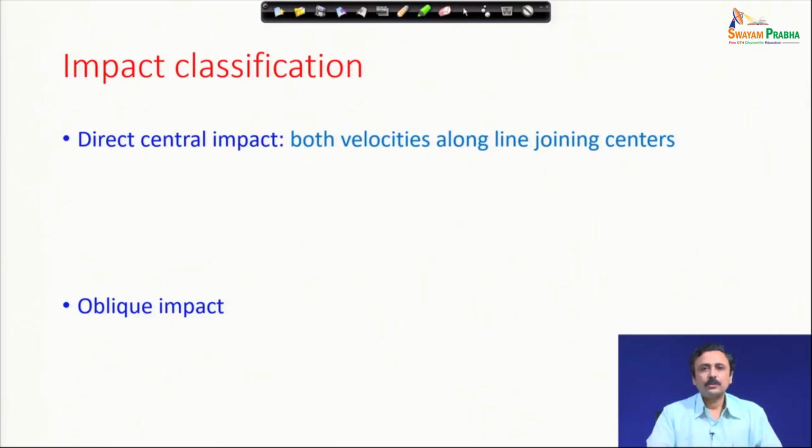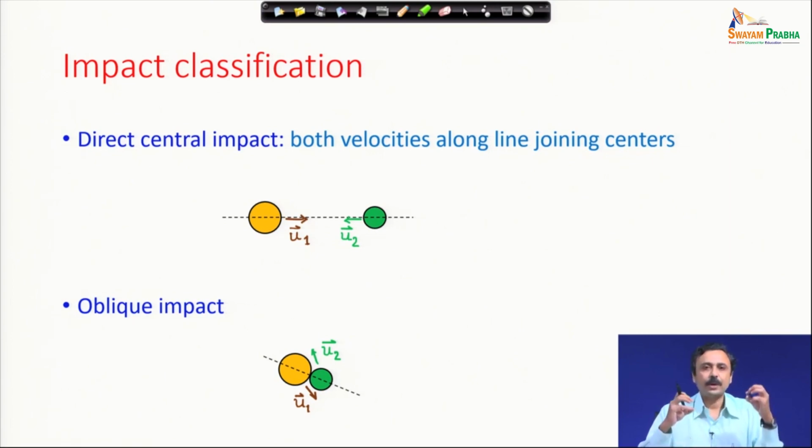Now, we can have two kinds of impact or collisions. One is direct central impact, where the velocities of both particles are on the line joining the particles. Therefore, the incoming velocity is on the line joining the particles. For example, this figure shows that. Oblique impact is not direct central impact.